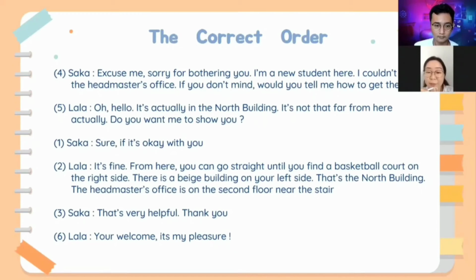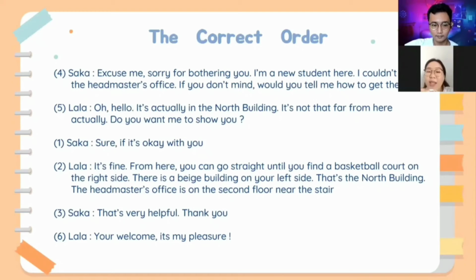It's fine. From here, you can go straight until you find a basketball court on the right side. There is a beach building on your left side. That's the north building. The headmaster office is on the second floor near the stair. That's very helpful. Thank you. You're welcome. It's my pleasure.